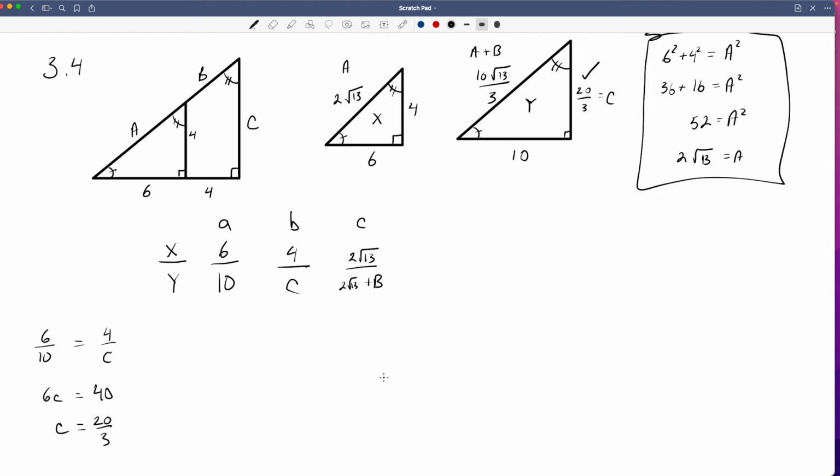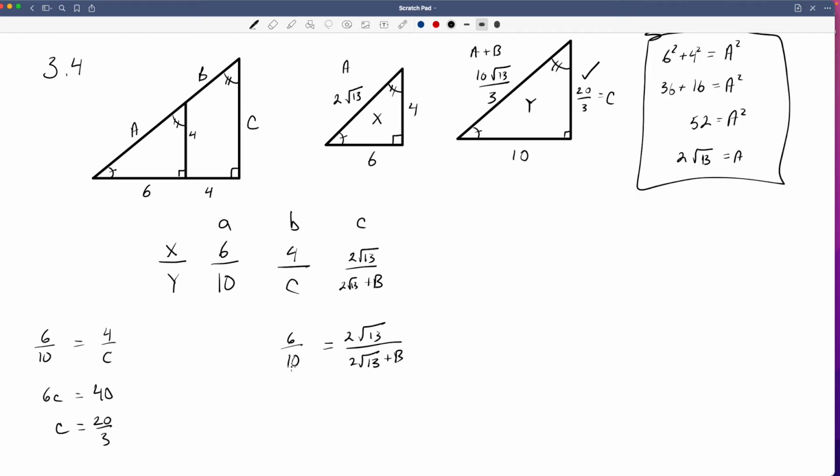So we can say 6 over 10 is equal to 2 times the square root of 13 over 2 times the square root of 13 plus B. And I know what you're thinking. You're thinking, this is not going to be the same answer. It is, trust me.